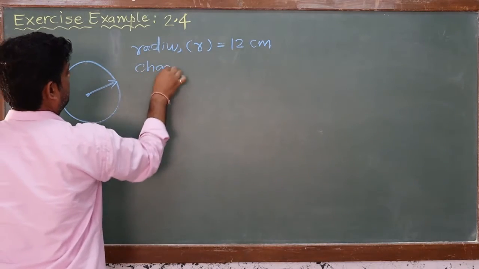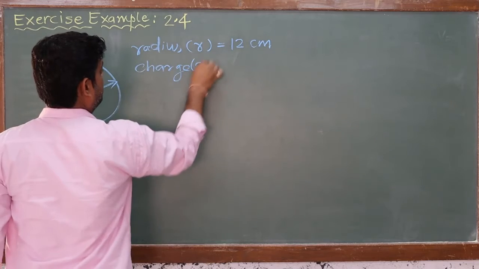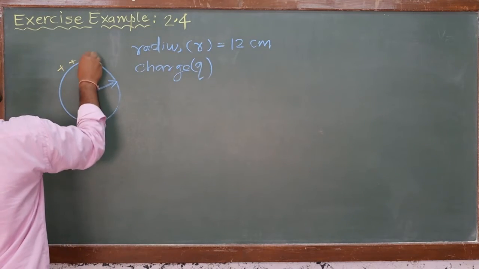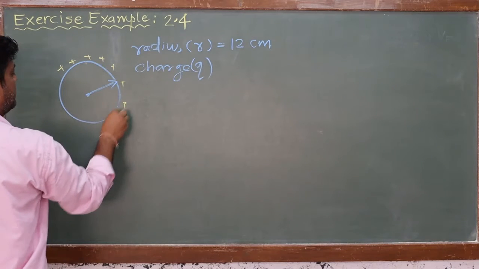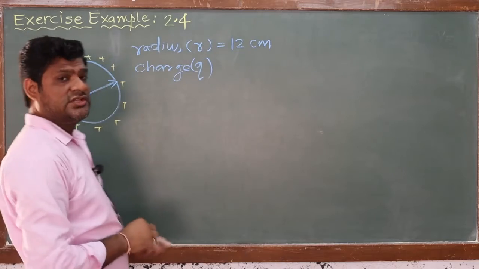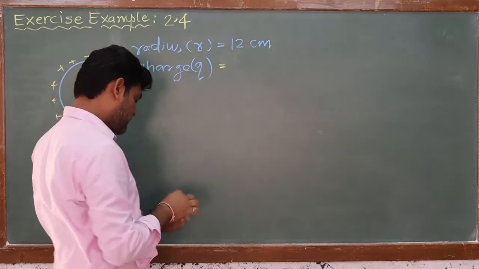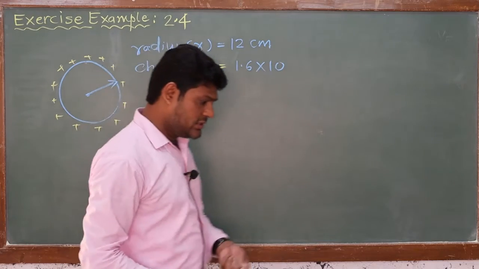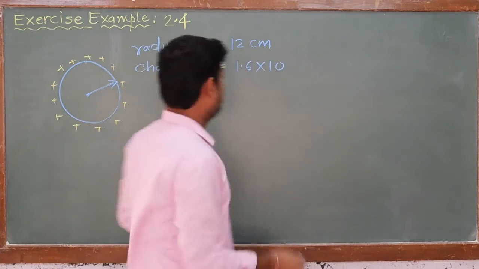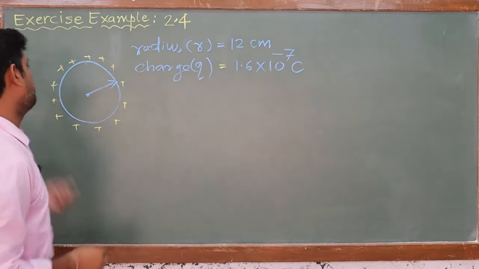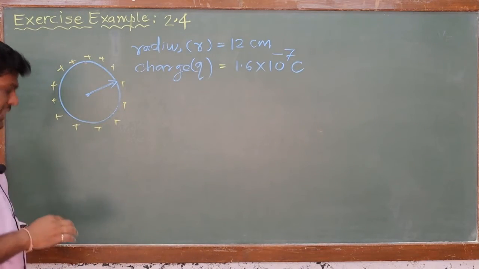Charge q on the surface of the spherical conductor. Charges are uniformly distributed on the surface, and the value of charge is given, that is 1.6 times 10 to the power minus 7 coulomb, distributed on the surface of the spherical body.